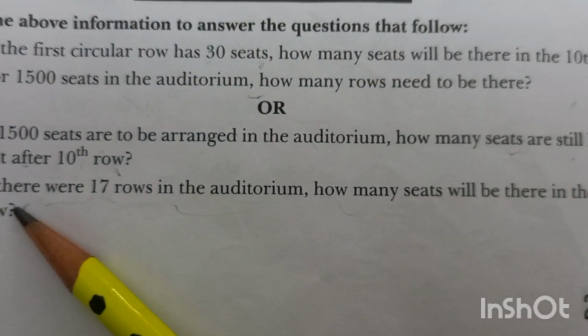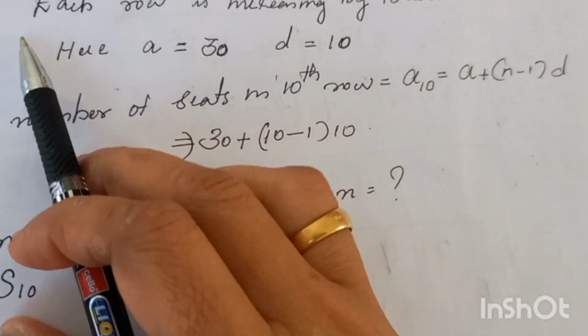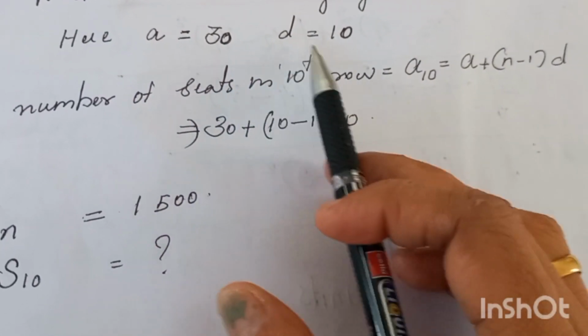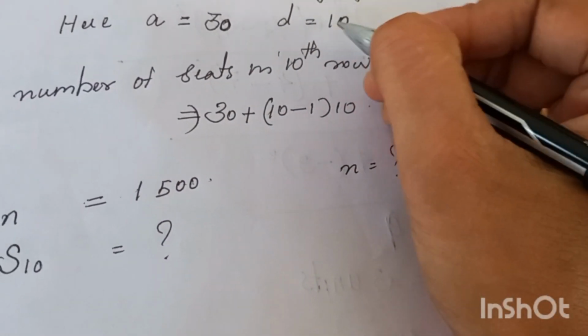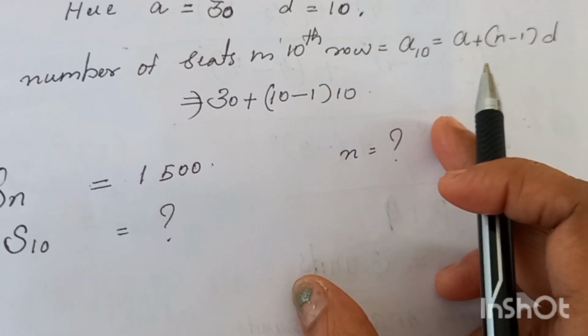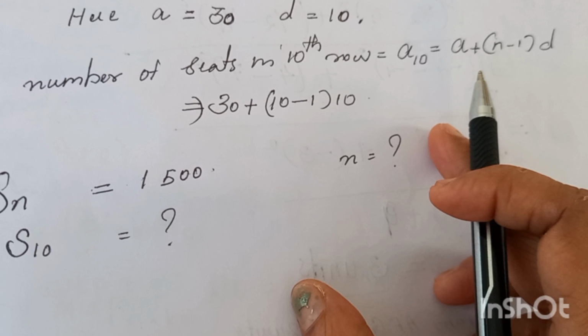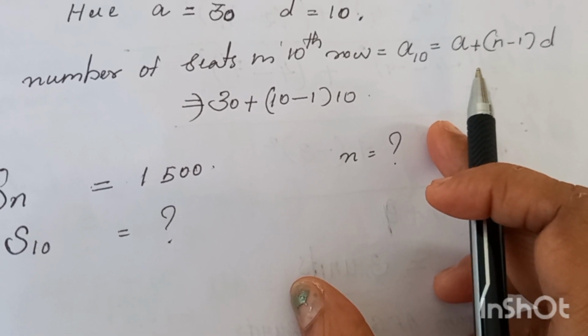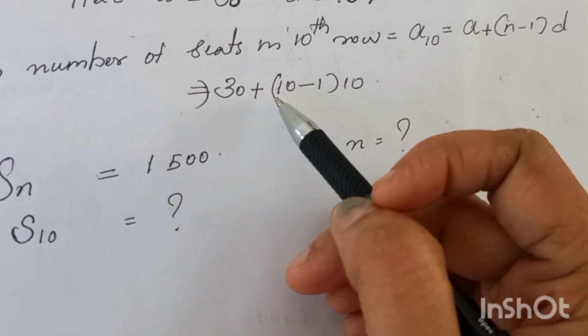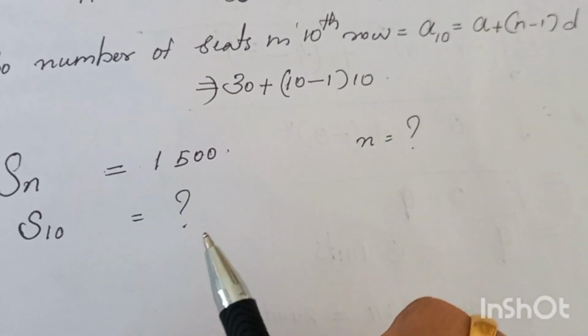Okay, let's do the problem. Since each row is increasing by 10 seats, here a is equal to 30, d is equal to 10. So number of seats in 10th row is a10 is equal to a plus n minus 1 into d. So 30 plus 10 minus 1 into d.